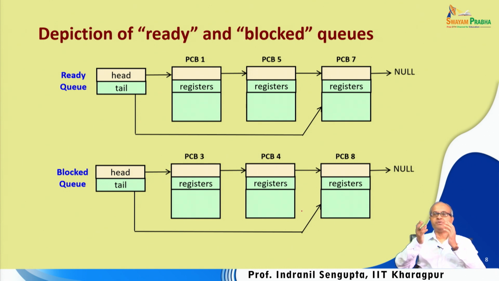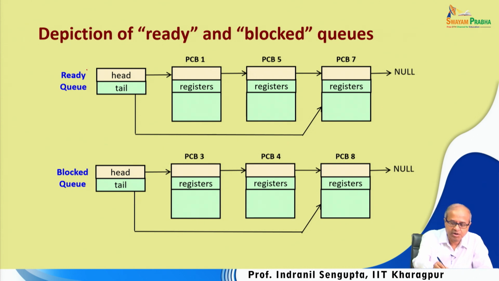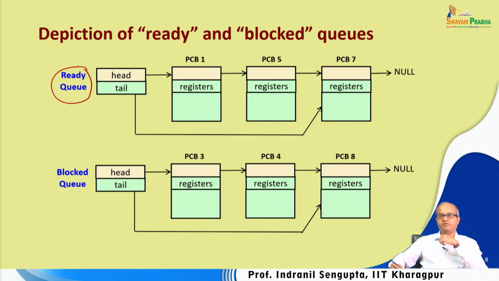Now, I talked about the process queues, the lists that are maintained by the operating system corresponding to all the processes which are in similar states. Let us see a couple of examples here in this slide. There will be one queue for all the processes in the ready state, which is referred to as the ready queue.